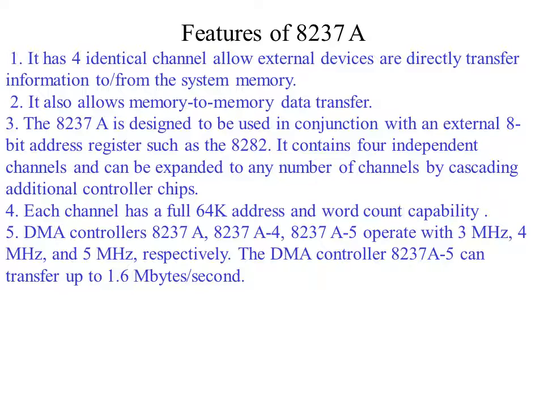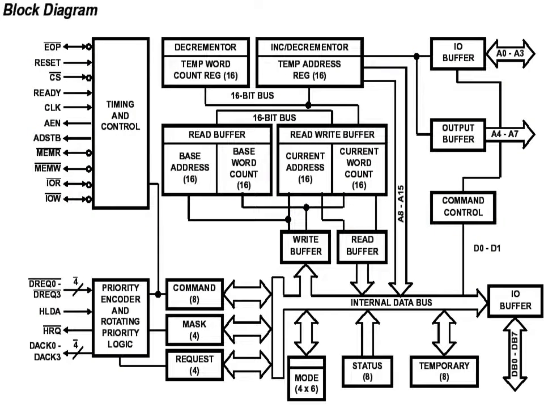Now we are discussing the different features of 8237 or 8257. Both have almost the same features. This 8237 represents the advanced version. It has 4 identical channels, as you are seeing in the diagram, channel 0 to channel 3.